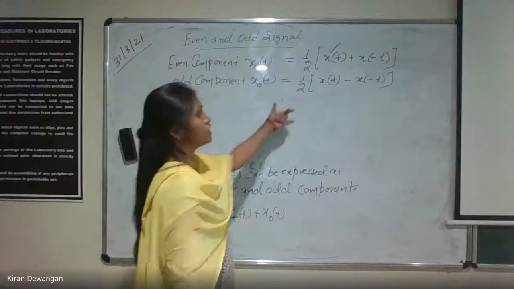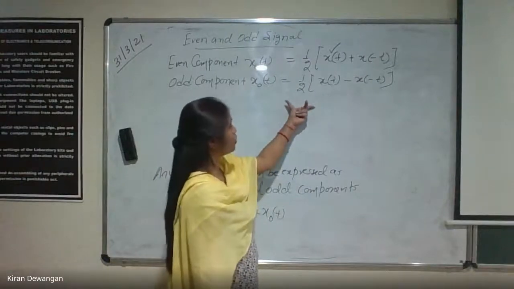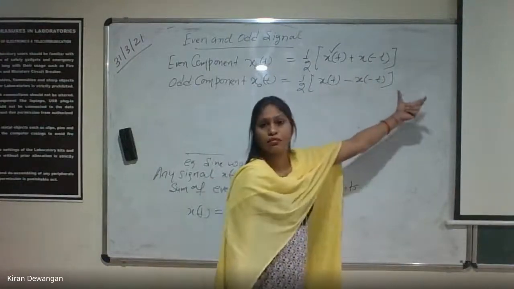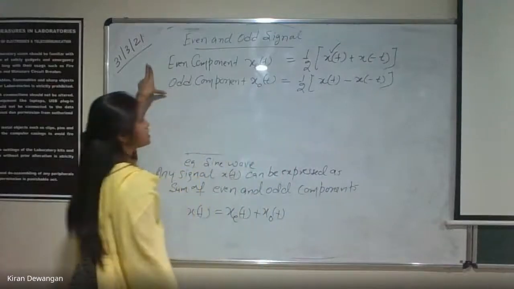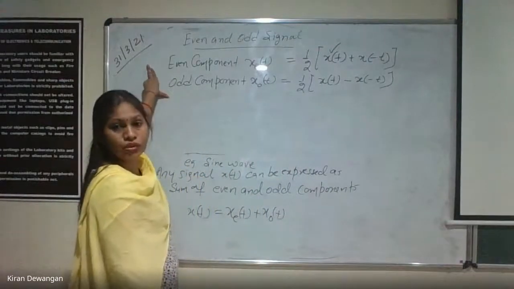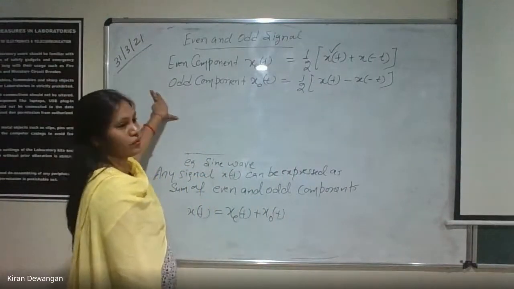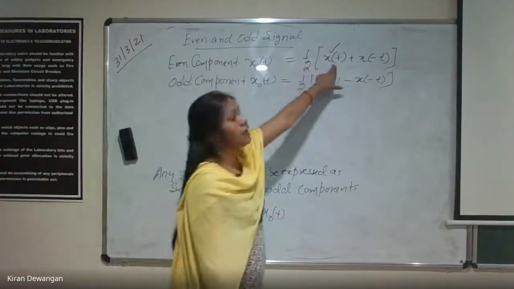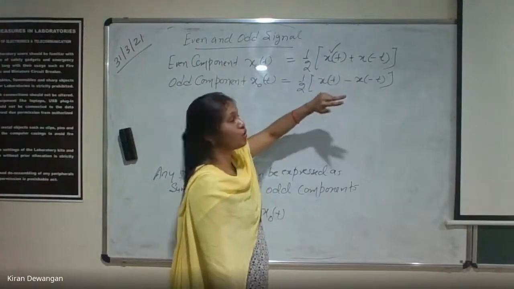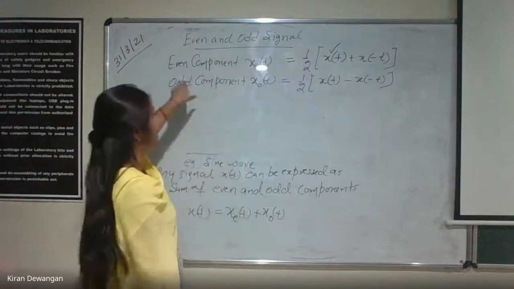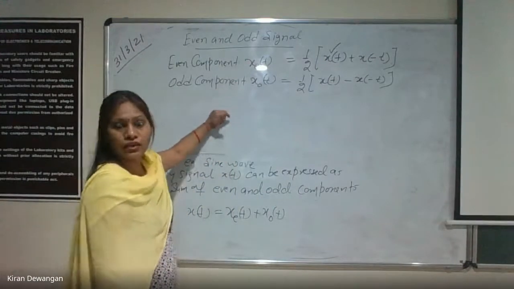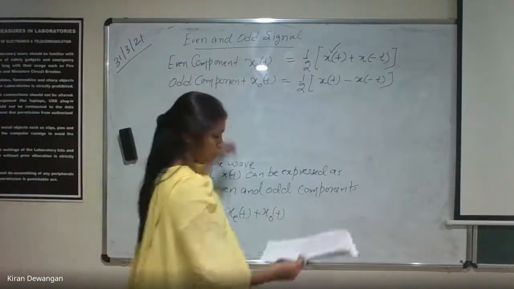Odd component of the signal is given by [x(t) - x(-t)] by 2. So this is how we can calculate the even component of the signal and the odd component of the signal. Accordingly, we can find out the even and odd component of any particular signal.